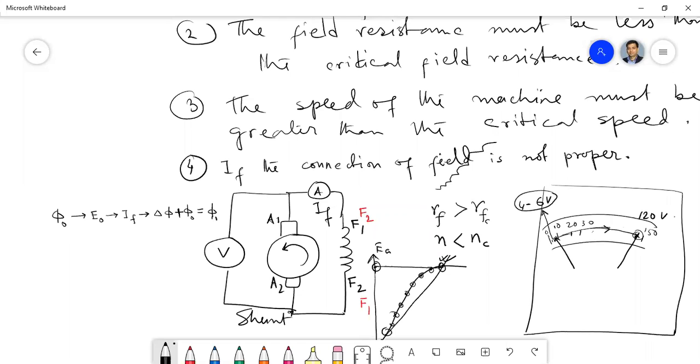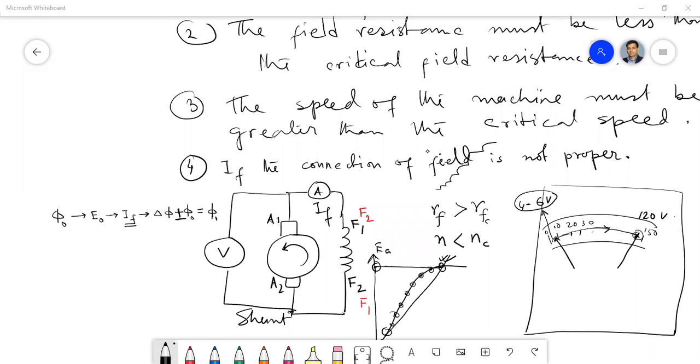Suppose for this A1 F1 connection this sign is positive, then for A1 F2 connection this sign can be negative, because in that case the flux will be opposing the residual flux. So the additional flux generated due to this field current can negate the residual flux. In that case, instead of increasing, you will get a decrease in flux, and the flux becomes 0, and you will not get any voltage build up.